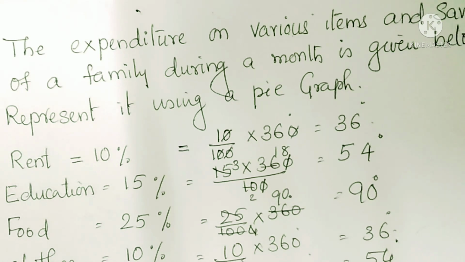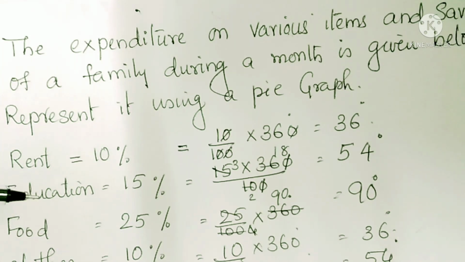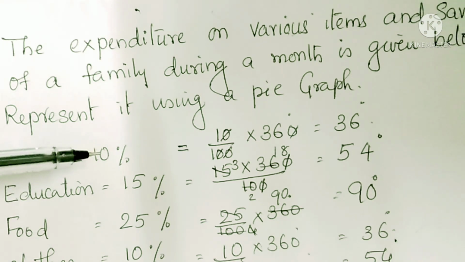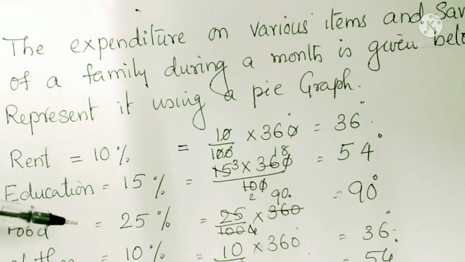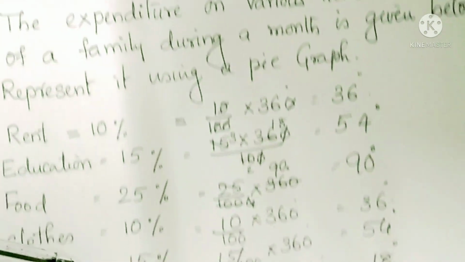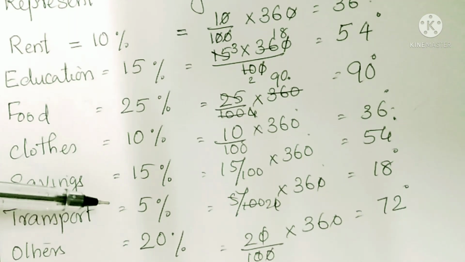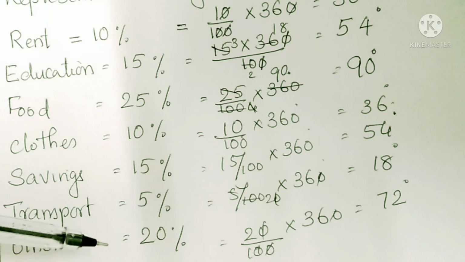Now, here all the data is given in the form of percent. Whatever may be the income, whether it is 10,000, 20,000, 30,000, we do not mind, but whatever income we get, its 10% is used for rent, 15% for education, 25% for food, 10% for clothing, 15% for savings, 5% for transport and 20% for others.